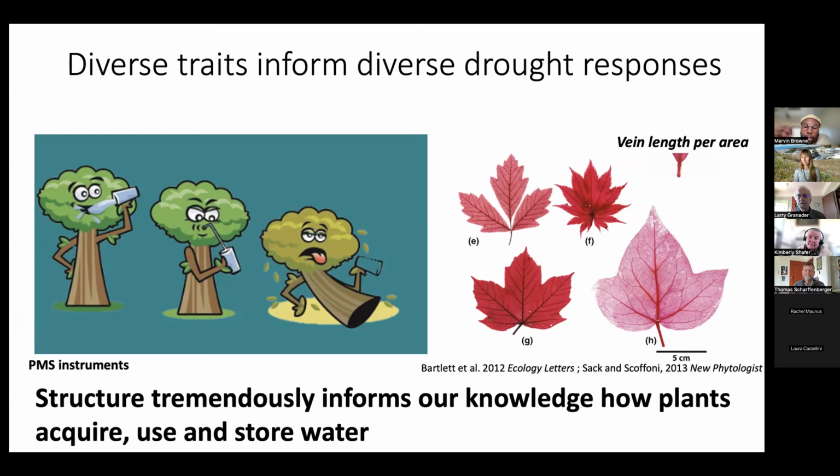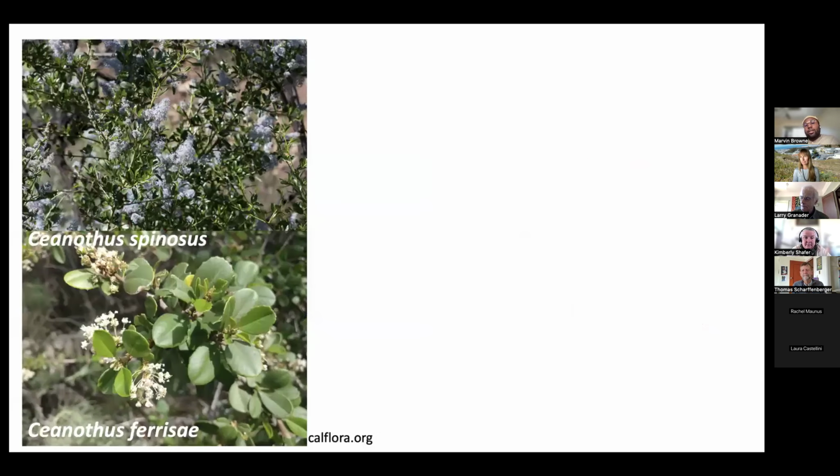And what we found across a range of plants is that the denser the placement of the vein structures, the more resilient plants are in drought. So we can use information about how traits vary across different species and within species to understand how they'll ultimately respond to drought on a larger scale.